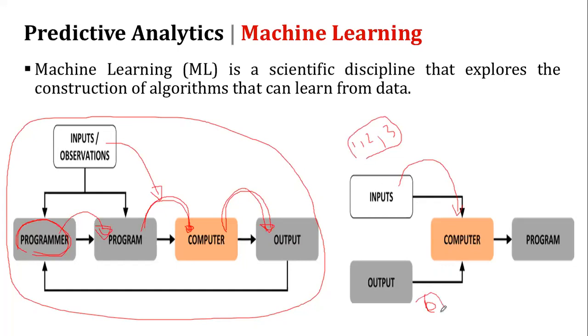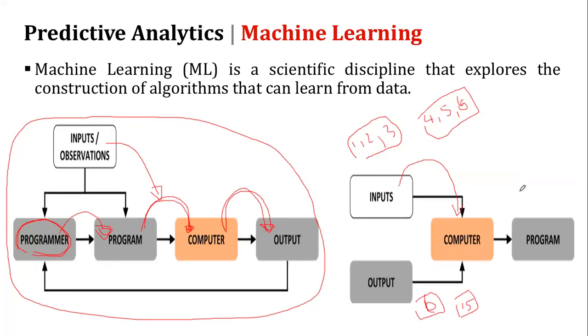Then I give a different set of numbers, 4, 5, 6, and the total, 15. I feed that also to the computer, right?